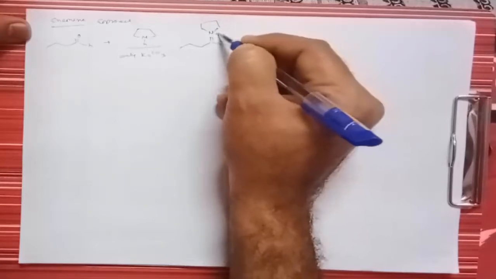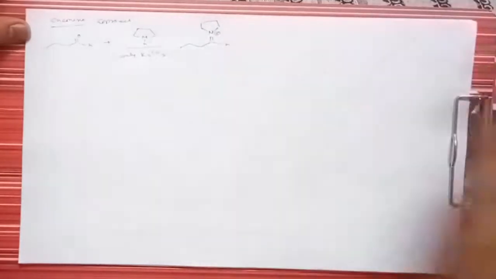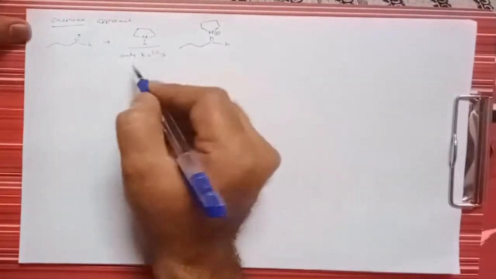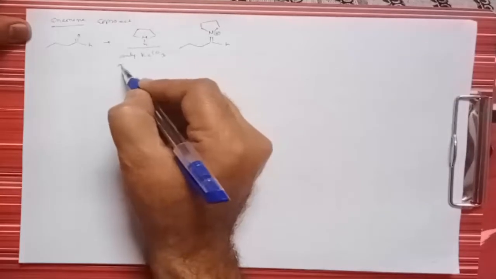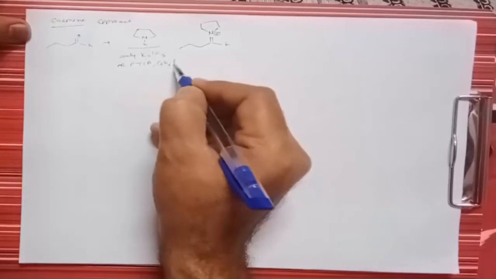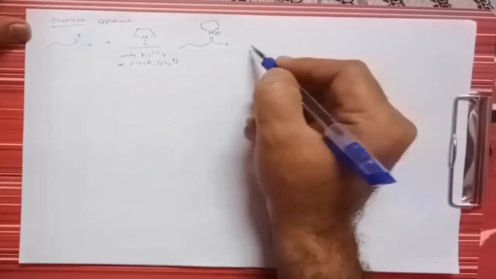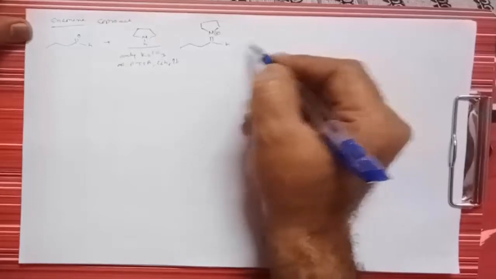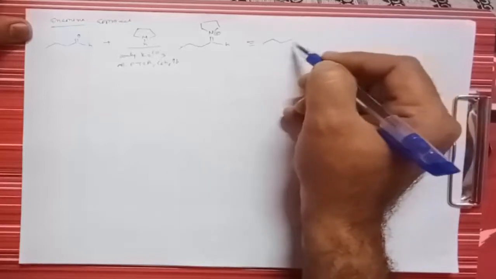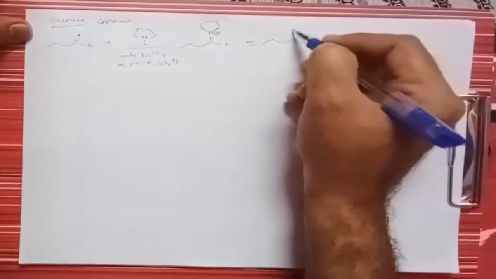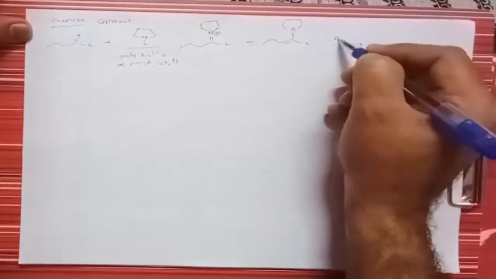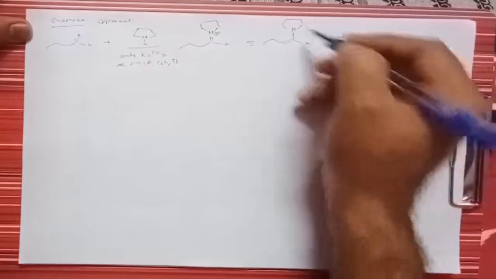So here will be a positive charge, but when we are treating this molecule with anhydrous K2CO3, that is a mild base, or in presence of paratoluene sulfonic acid and C6H6 benzene, and if we reflux this, it gives an enamine, and that enamine will be present in the form, that is CH3CH2, then C double bond H, then nitrogen, and in this molecule. And then if we treat with this methyl iodide, so what does it give?